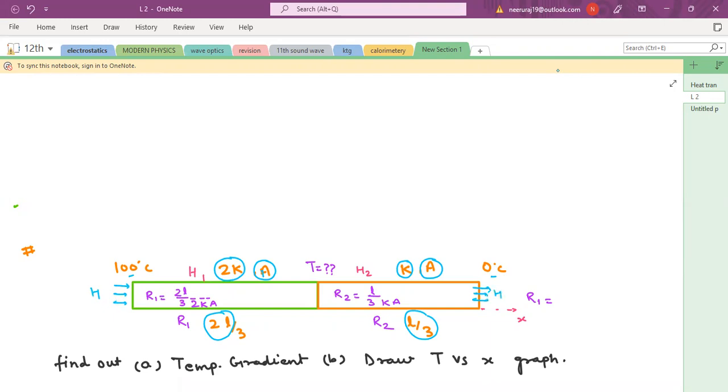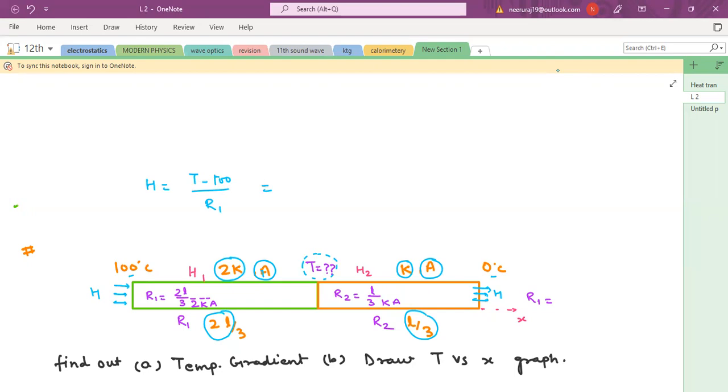So both the rods will have the same current flow. If you want to write the heat current in the first rod, suppose this junction temperature is T, you can write H equals T minus 100 divided by R1, and the same current flows here.